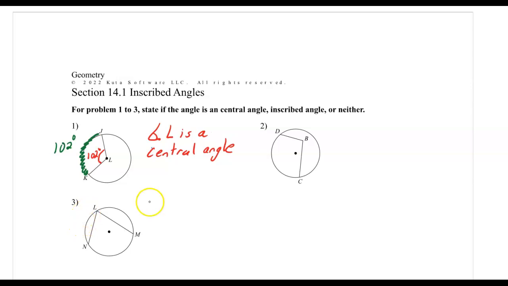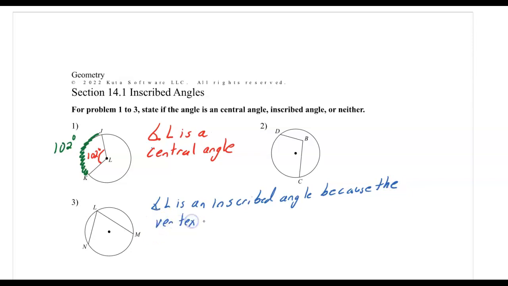In picture number 3, angle L is an inscribed angle because the vertex is on the circle.